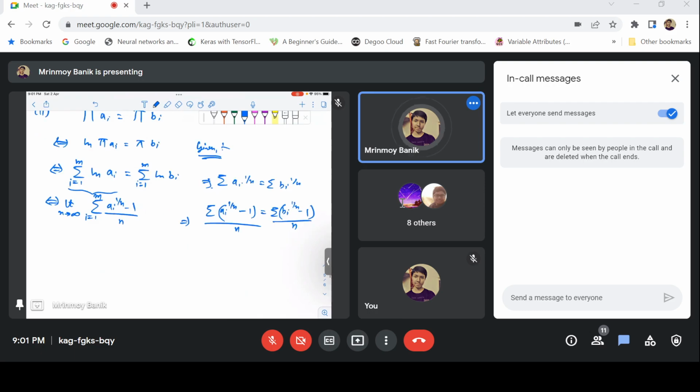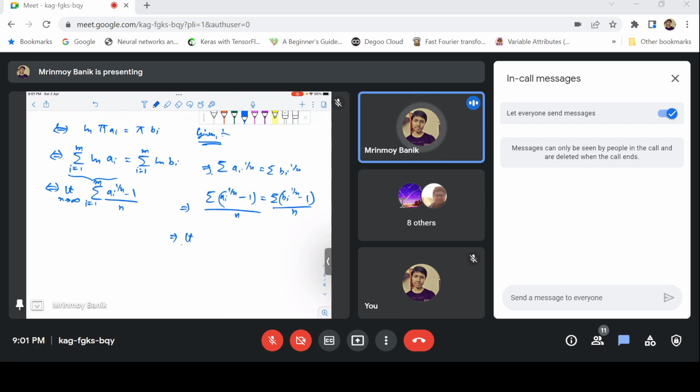So we have this, taking the limit, then we can take the limits inside to get the ln ai's and ln bi's.